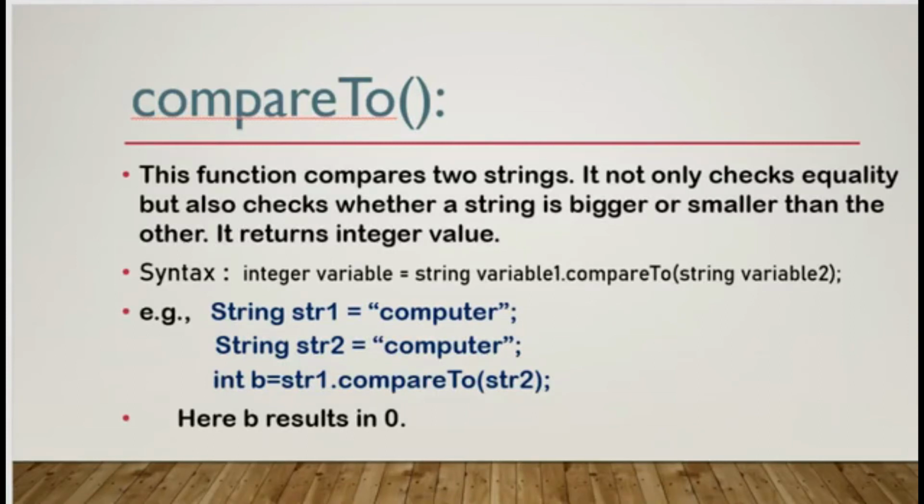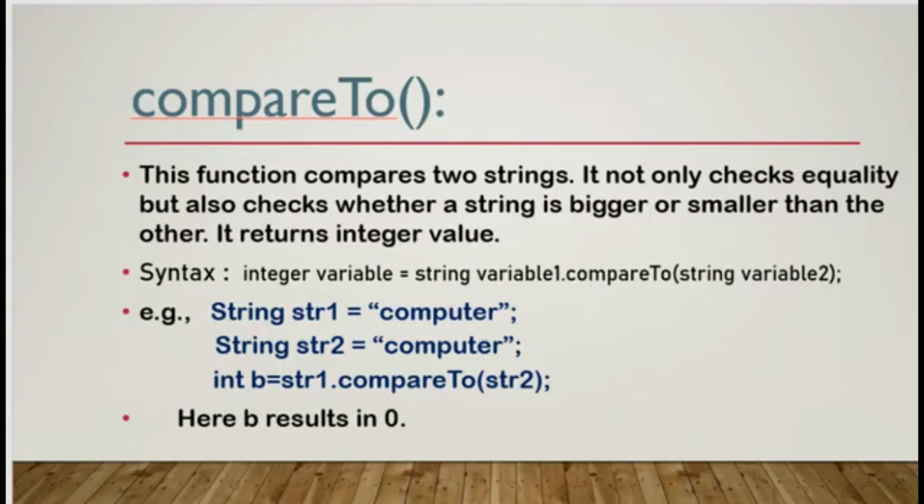The function compareTo produces three kinds of values. If two strings are identical including their cases, then it returns 0. If the first string is greater than the second one, meaning it checks the ASCII code, and the ASCII code of the character in the first string is greater than that of the character of the second string at the same index position, then it returns a positive value.